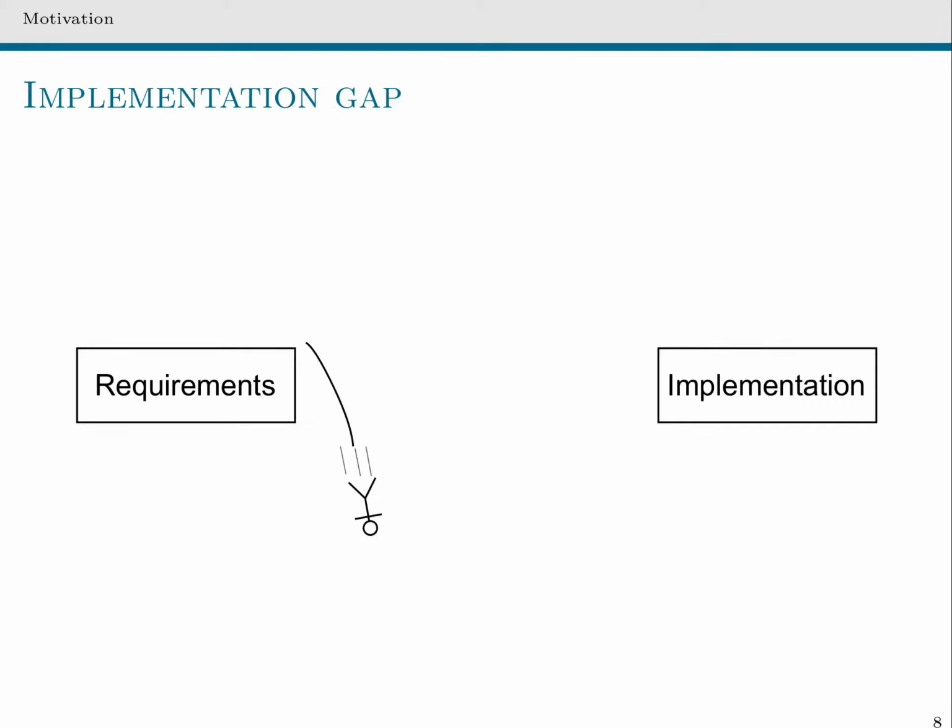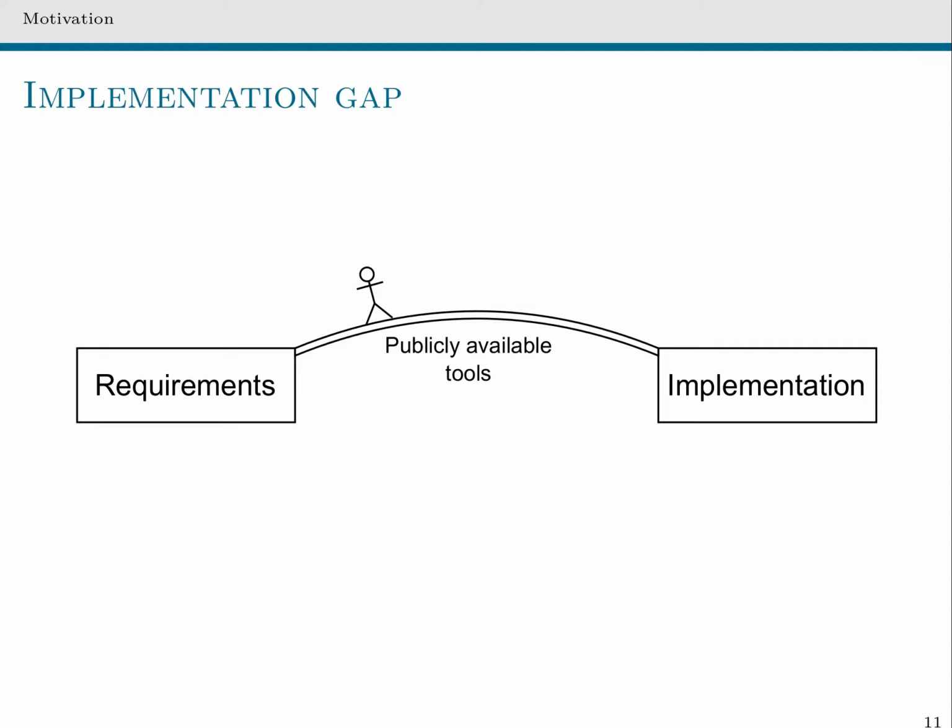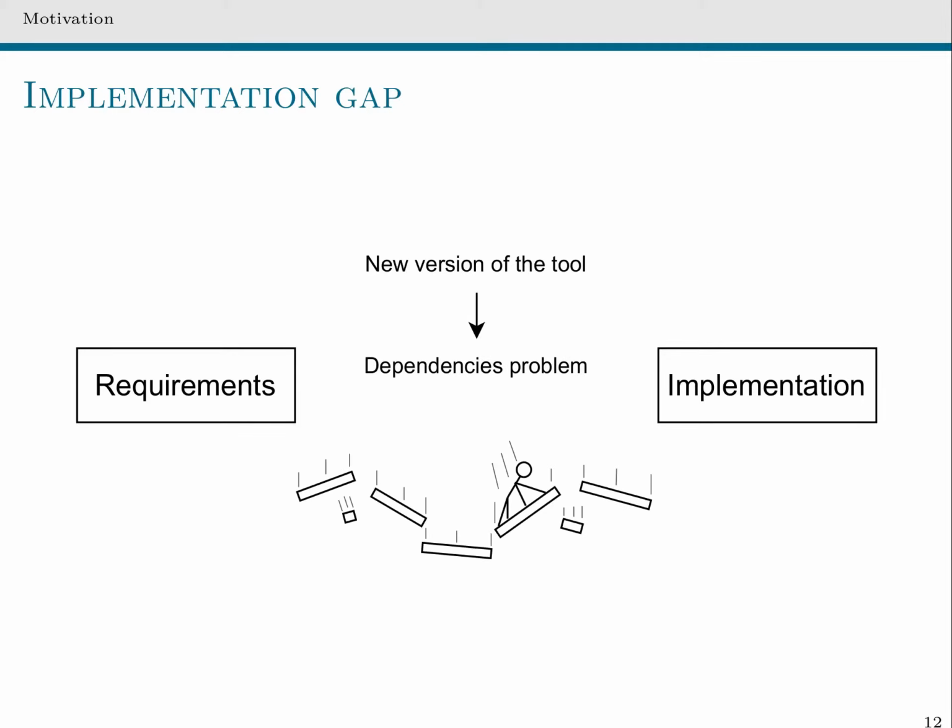But finally, he realizes that between those two phases there is an implementation gap, and either he has superpowers or he has appropriate super tools. However, not all developers have appropriate tools, so we usually use publicly available tools. But whenever a new version of the tool appears, some problems with our robotic system development process can appear.